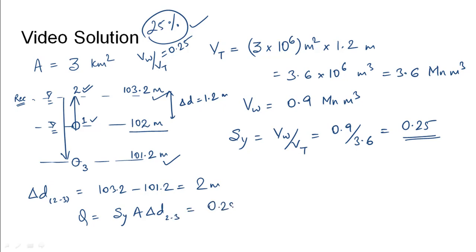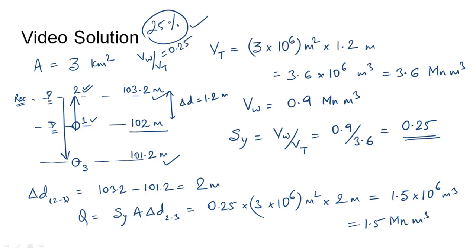Sy is 0.25, area is 3 into 10 to the power 6 in meter square, into change of depth of 2 meters. This would give the discharge value to be 1.5 into 10 to the power 6 meter cube. This can be written as 1.5 million meter cube.